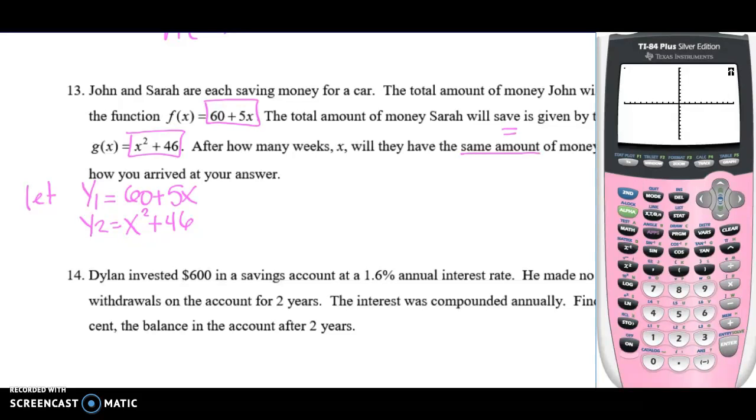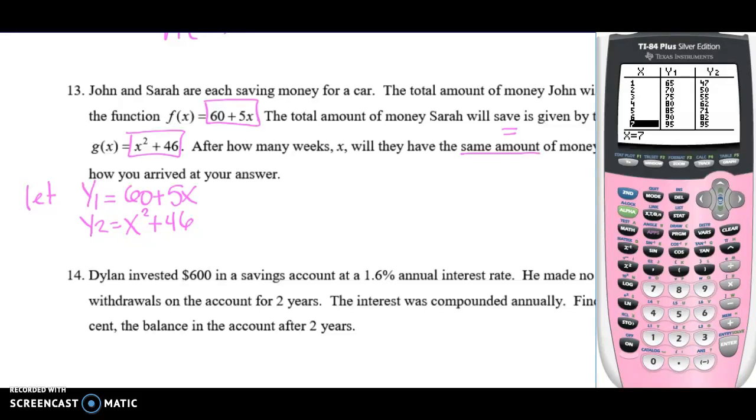We are talking about a number of weeks. Does it make sense to find the negative solution if we're talking about a number of weeks? No. So now looking at my positive x values, do I have anywhere in the table where I see equal numbers? And I found it right here.